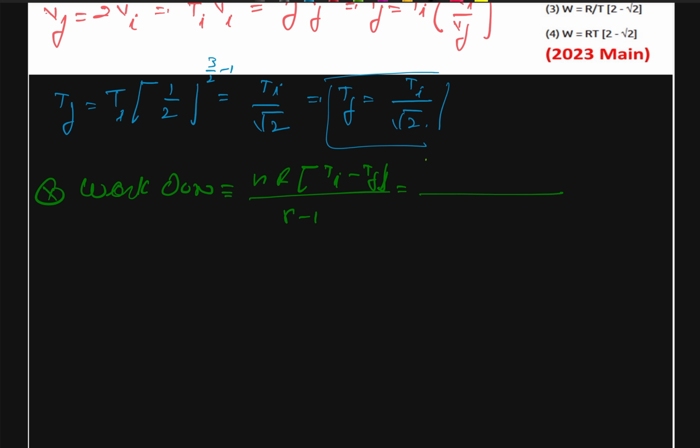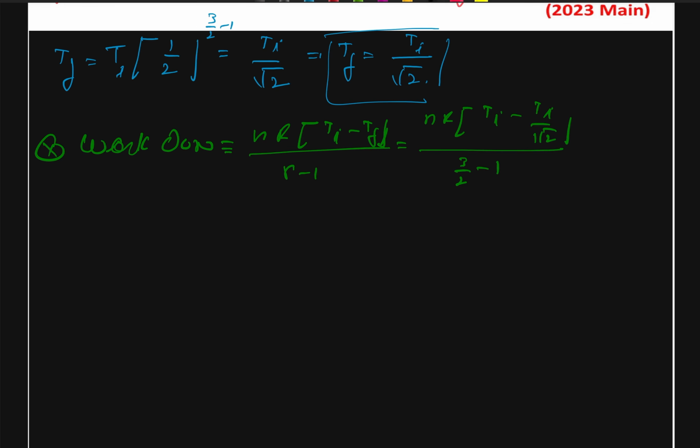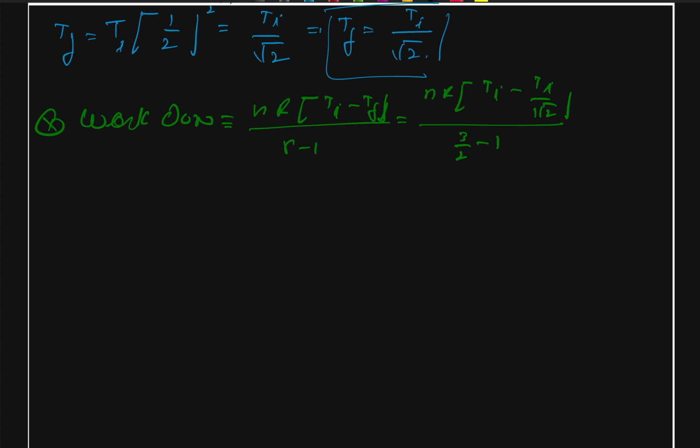We get n times R, T initial minus T initial over square root of 2, divided by 3/2 minus 1. T initial we can take as common, so this comes as nR T initial times (1 minus 1 over square root of 2), and the denominator will be equal to 1/2.